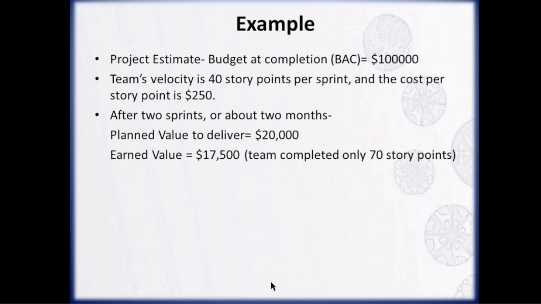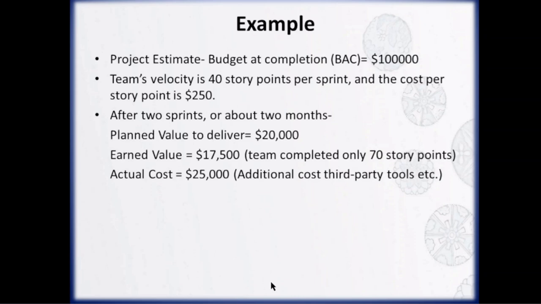If each story point is worth $250, then the earned value is $17,500. Now imagine there were some additional expenses such as third-party tools or external services. In total, they ended up spending $25,000, and that's our actual cost.